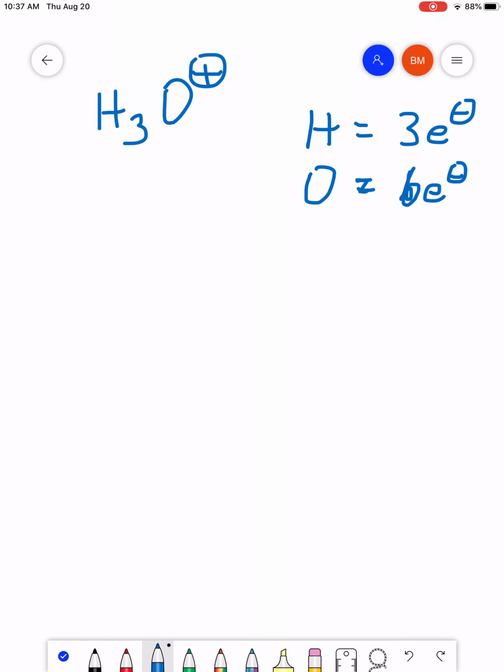Earlier on I told you, if we have a positive charge, that means we have to subtract 1 electron from our total, right? So it's going to be 3 plus 6, but then we subtract 1 from it. That gives us a total of 8 valence electrons. Whenever you calculate the total number of valence electrons to place, it should always end up being an even number.